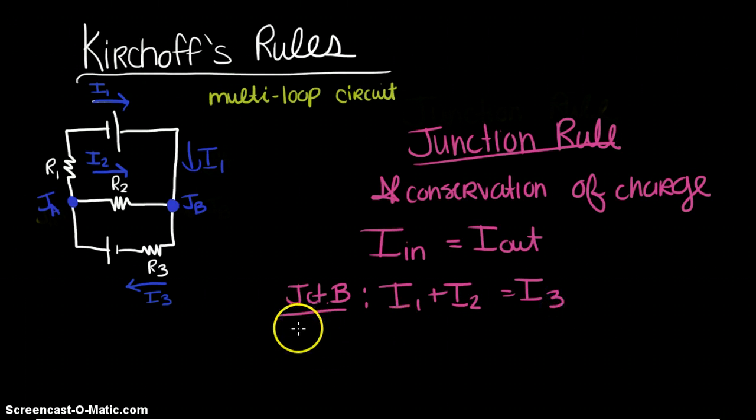And I could write a statement for junction A as well. So let me see, the currents coming in are going to be I3, and the currents going out are going to be I2 right here, and I1 moving upwards.